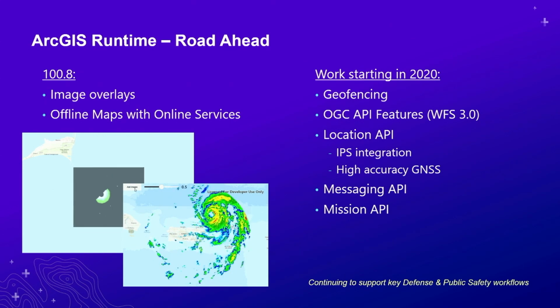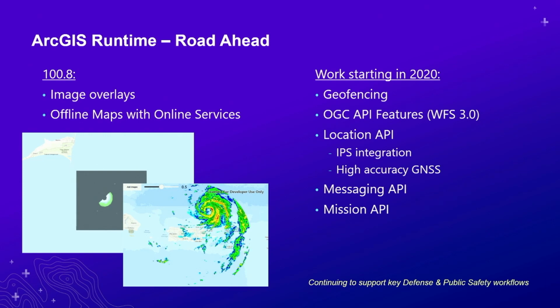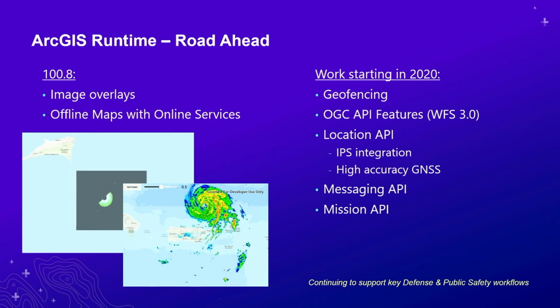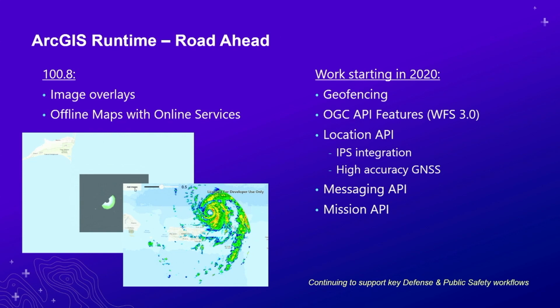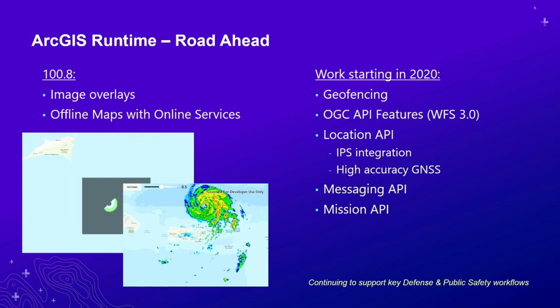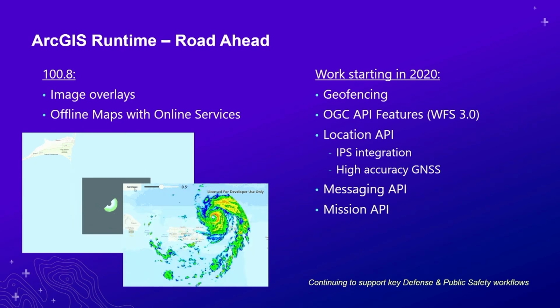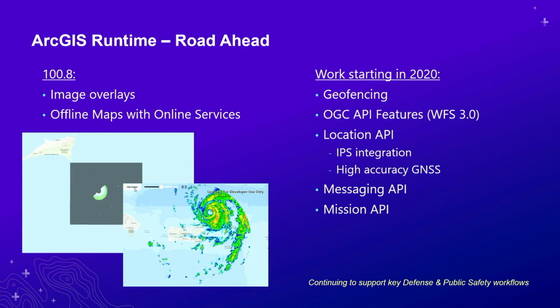Also, maybe you have some really high resolution aerial or satellite imagery that you want to make available when needed in the app, but it's way too big to include in a package that can be downloaded and deployed offline. In that case, you can include some of that data in the package, but then a link to that online service so that you always get the latest information, and you can move into other areas and get that imagery data as well. So that's coming in 100.8.